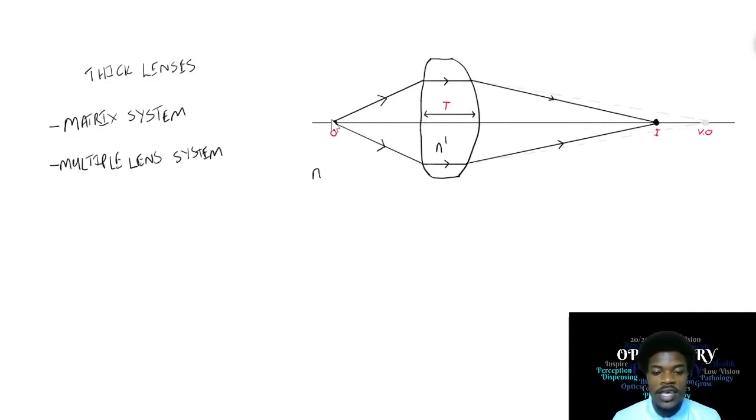As we can see here in the image, we have our object, our image being formed, and VO is what we call our virtual object. The virtual object is the object that is formed from the anterior surface. However, it is never really formed in reality, because the rays pass through the posterior surface of the lens. So the image is not necessarily formed.